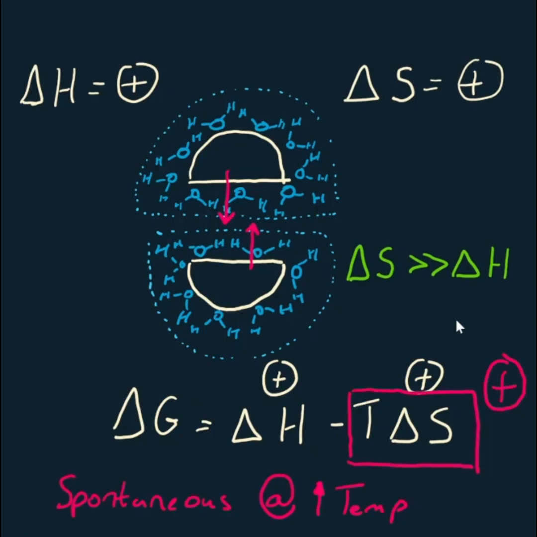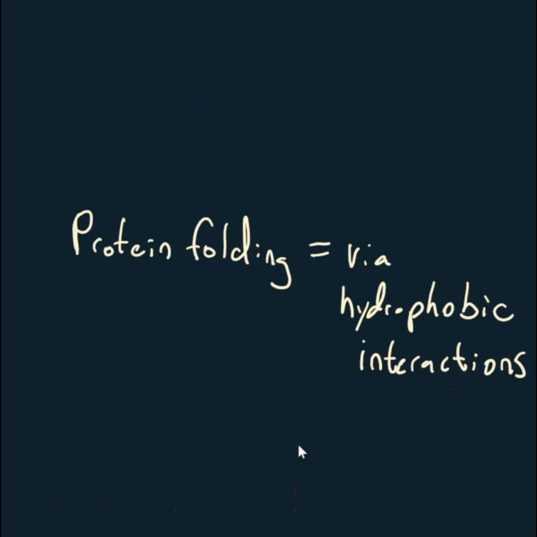Well, it turns out that the delta S value in this scenario is actually going to be way higher than the delta H. So your temperature doesn't even have to be that high in order to counteract the positive delta H value. So we can say that this reaction is spontaneous at most temperatures.